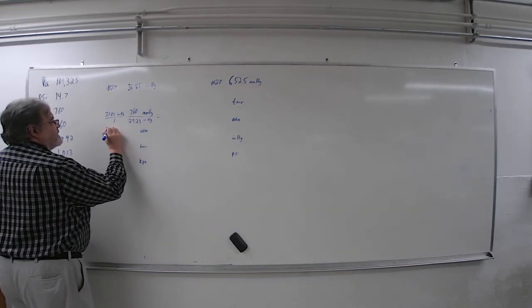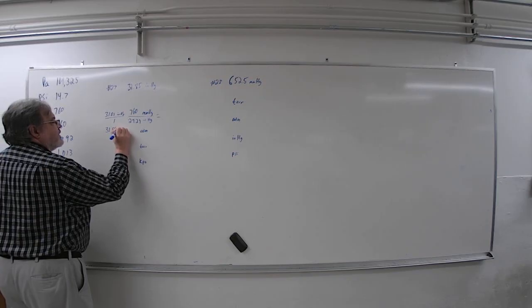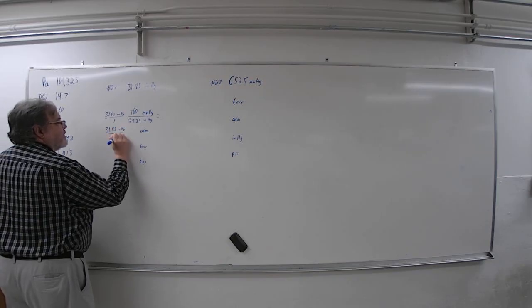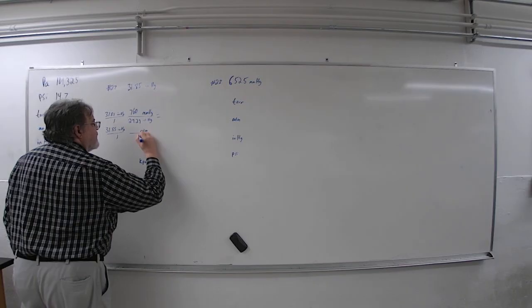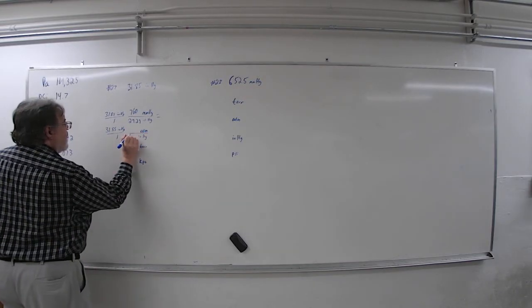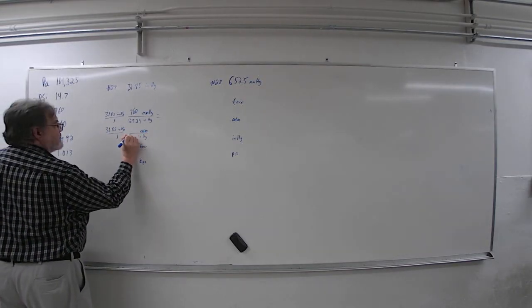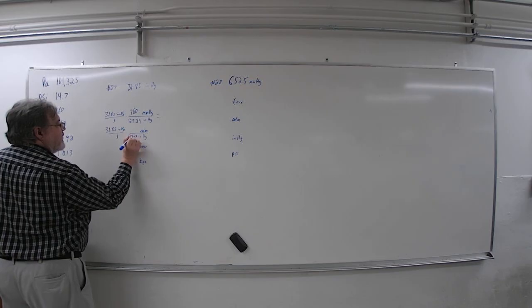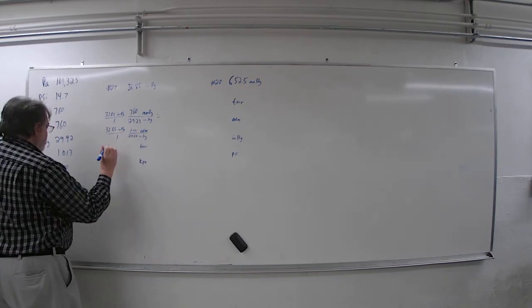And same for the rest of these: 31.85 inches of mercury. Inches of mercury is 29.29. Atmospheres is 1.00.